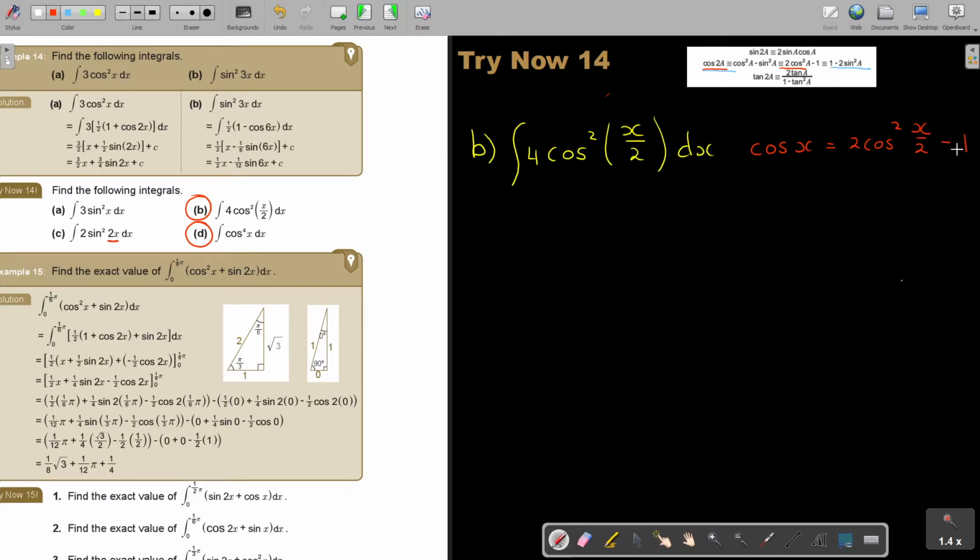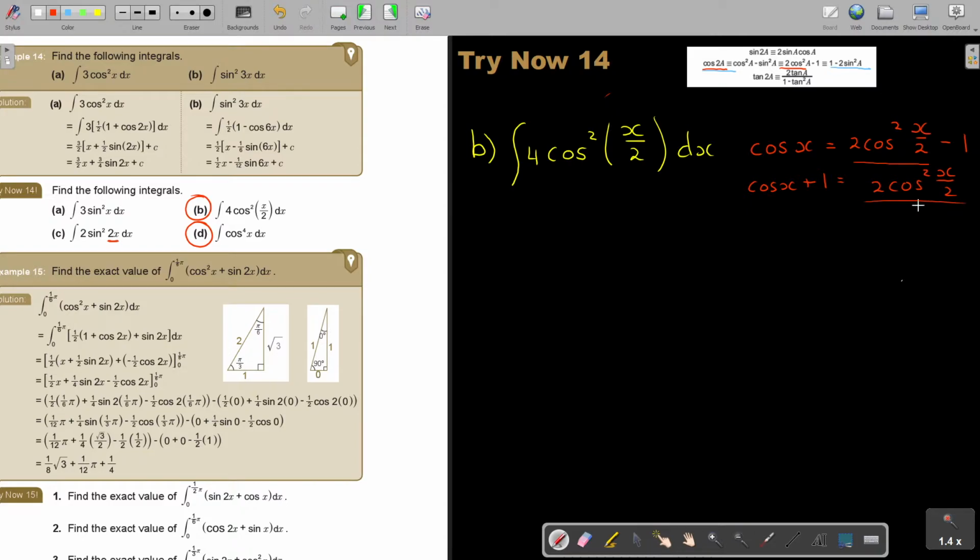Remember, okay. So what am I going to do now? I'm going to make this the subject of the formula. So basically, 2 cos squared x over 2 is equal to cos x plus 1.